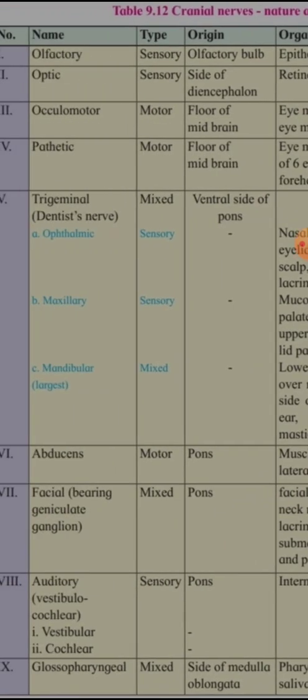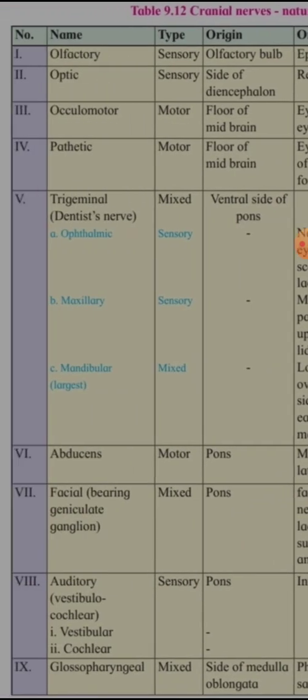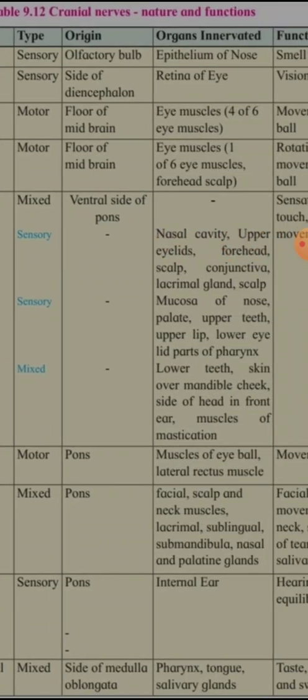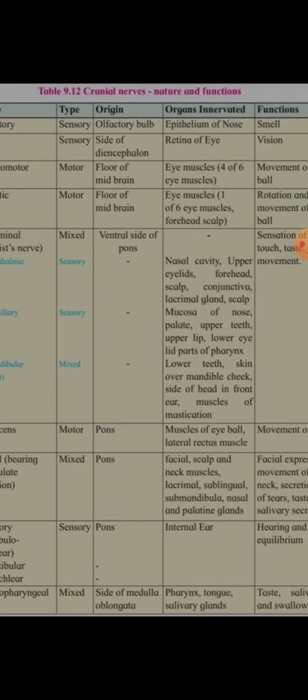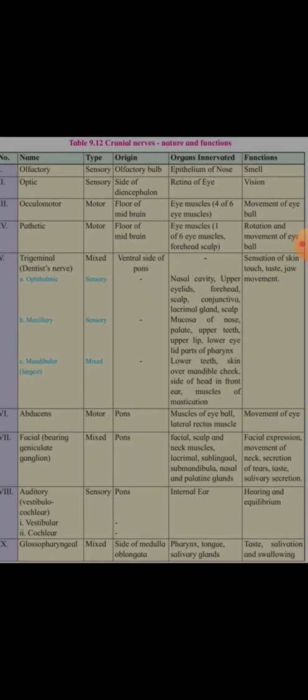And the last one is the mandibular, which is the largest cranial nerve and it is again of the mixed type. It innervates the lower teeth, skin over the mandible, cheek, then side of the head in front of the ear and muscles of mastication. The main function of this trigeminal is sensation of the skin, then touch, taste, jaw movement.